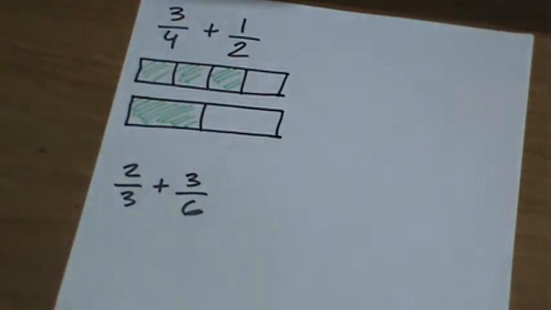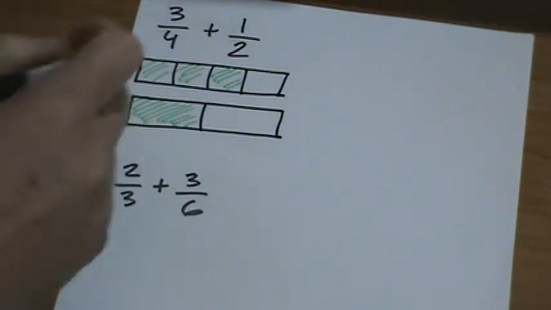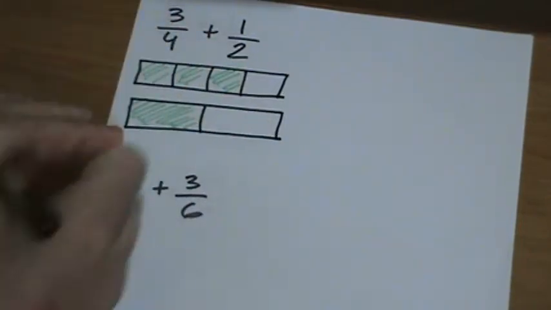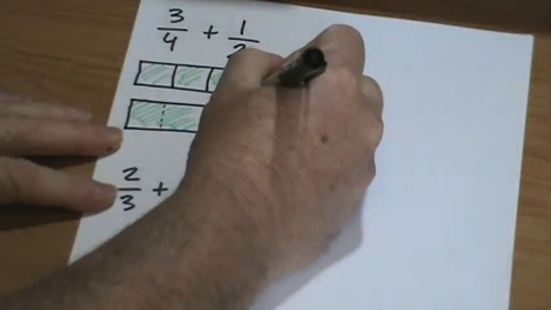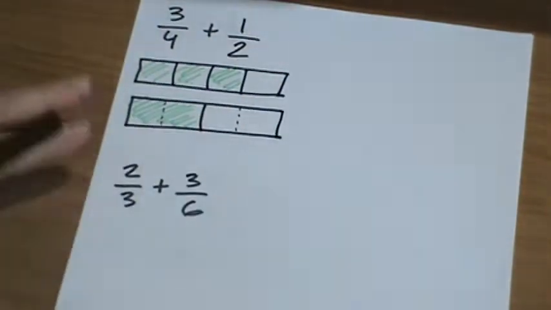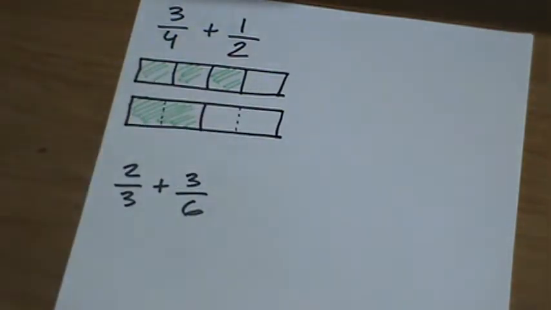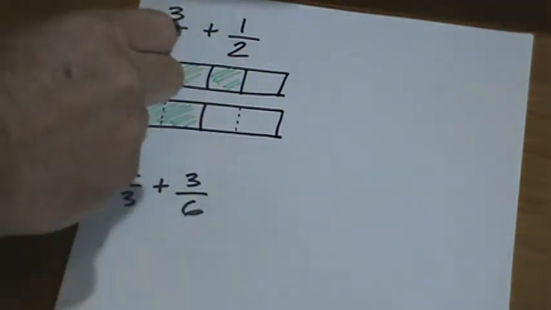So we need to convert our halves to quarters. How do we do that? Well, 2 times what is 4? 2 times 2 is 4, right? So if I break this into 1, 2, 3, 4 pieces, now I have a denominator that is the same as this.